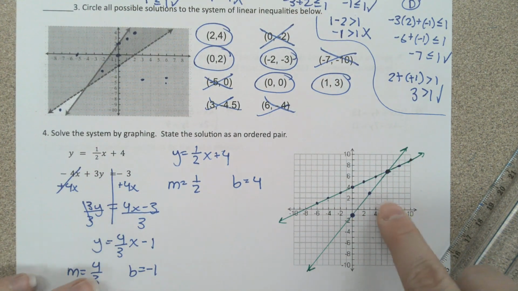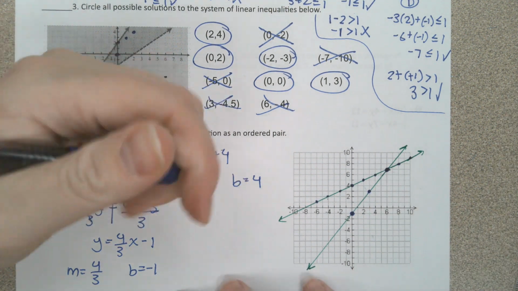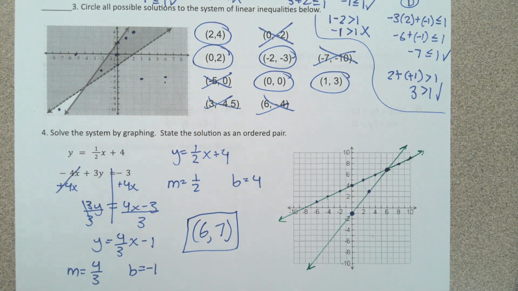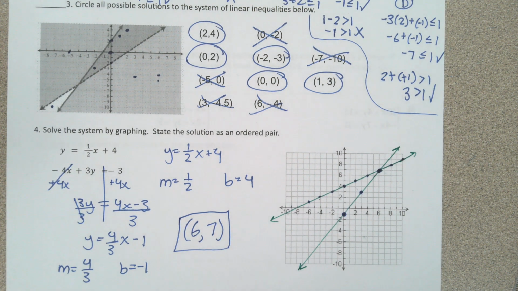So I can clearly see my answer is this point right here, which is 6, 7. And don't forget to write your final answer as a point. This states what the answer is. So it's not just look at the graph, you see what the answer is. Nope, you have to write it out. Next page, we have one more of those.